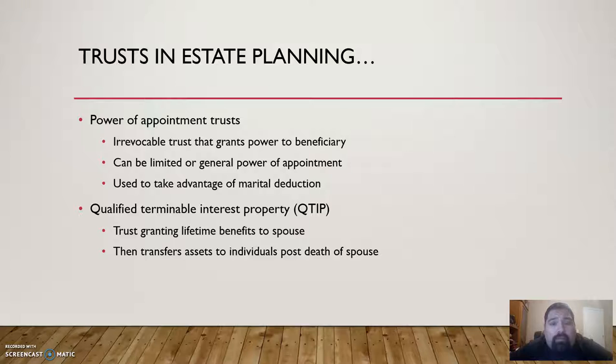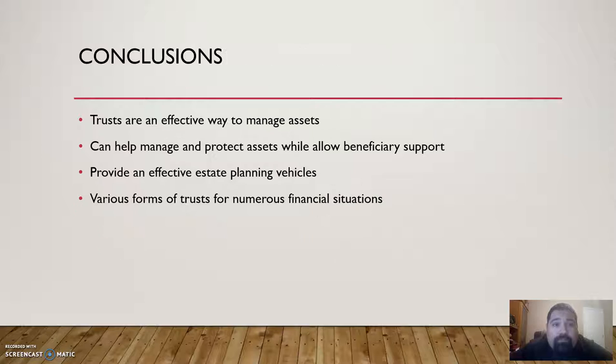The children were not the biological children of your spouse. The trust could be left to the spouse, and then after the spouse were to pass on, the assets would then transfer to your children. That would be a typical way to use a QTIP type trust. Now, there are definitely several more trust types available in estate planning, but those are some of the common ones that I wanted to go over.